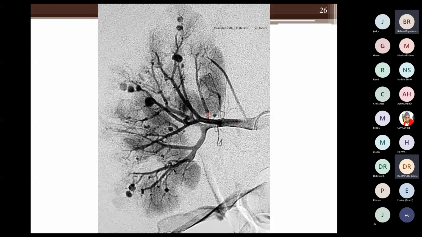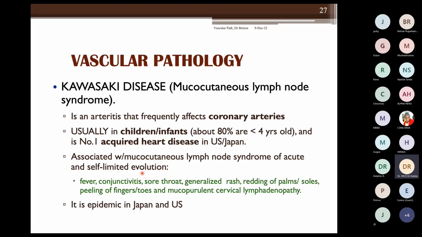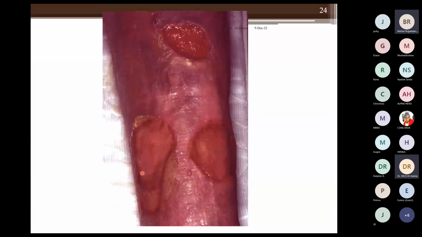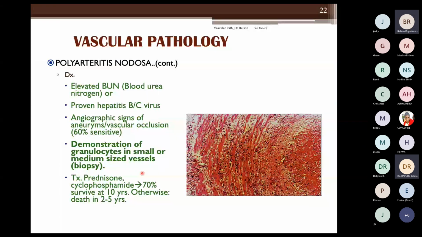So angiogram, urabona ko irerekana blood vessel, renal artery, its branches, but you see many nodules. So these nodules are the ones causing occlusion. And of course, there are smaller ones you cannot see, smaller nodules within small vessels. Okay, so any question about it? Polyarteritis nodosa.